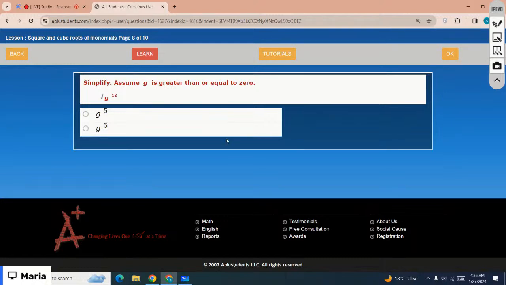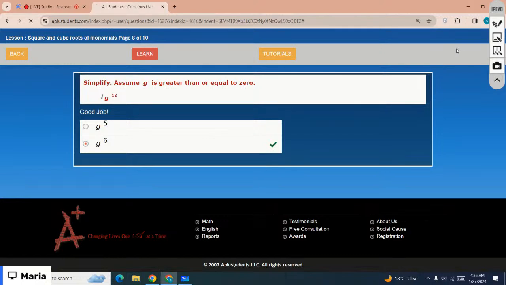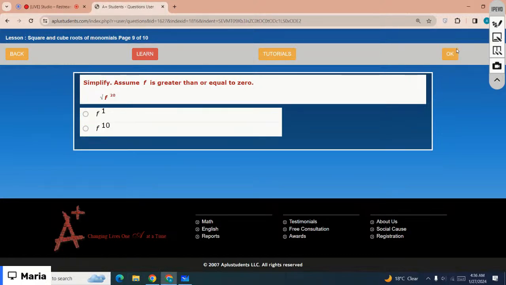That is g exponent 6. Option number 2 is the correct option. The next one is simplify square root of f exponent 20, which is the correct option? Yes, that is f exponent 10.